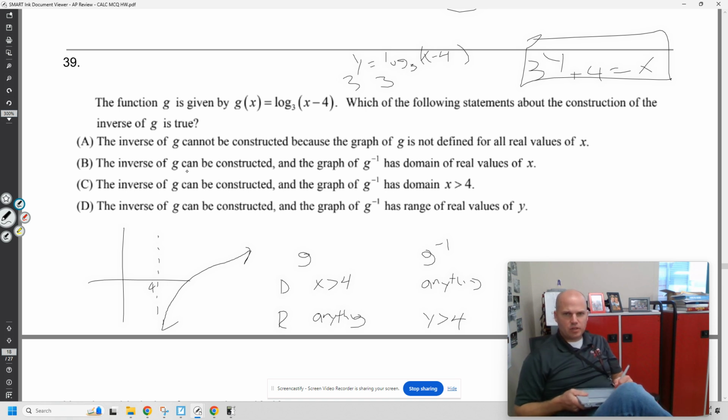So the inverse can be constructed. The graph of G inverse has a domain of all real numbers. The range is y equals 4. That's why that's wrong. Y greater than 4.